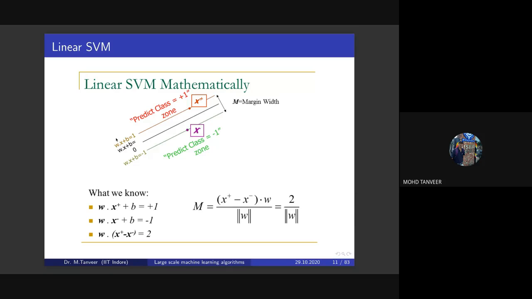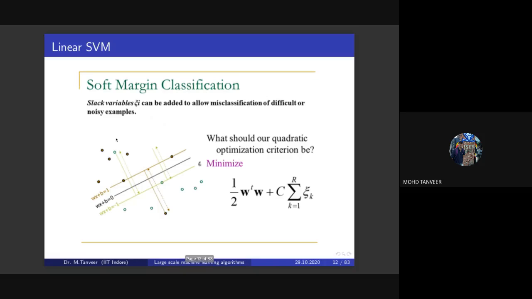To maximize this margin, essentially we have to minimize W. To minimize W is equivalent to minimizing norm of W squared. So you can see here that we are minimizing 1 upon 2 W transpose W plus capital C summation xi k, where k is running from 1 to some R. Here we are adding this xi.